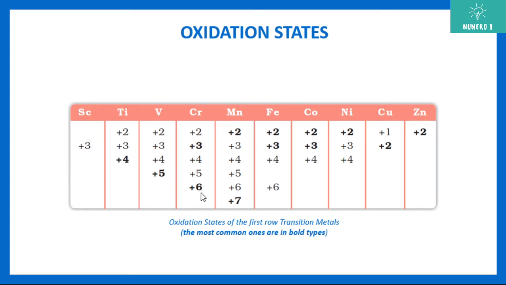Also Mn, and iron is +2, +3, +4, +6. The bold, highlighted ones are the most common ones exhibited by the element. So these are all the oxidation states that they exhibit. Note down, Mn exhibits from +2 to +7. That's the highest oxidation state.